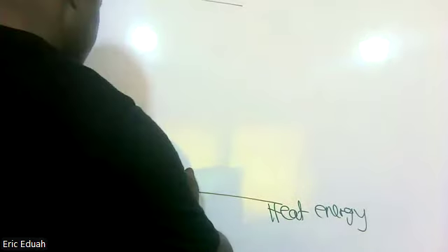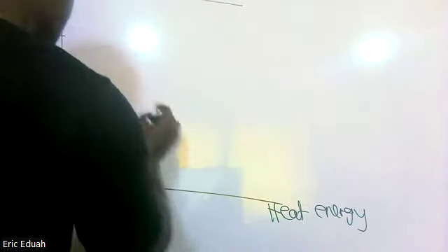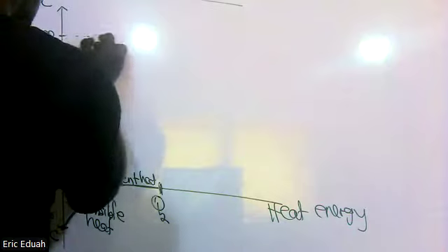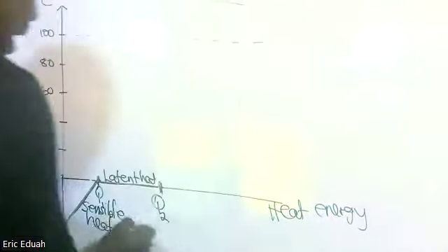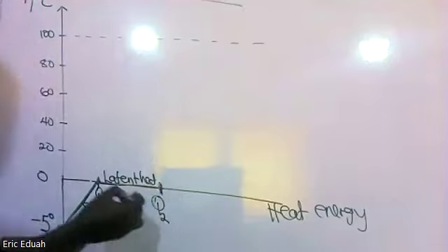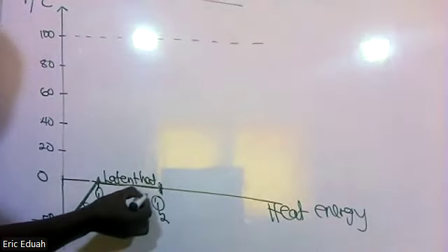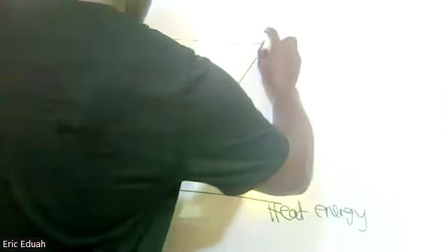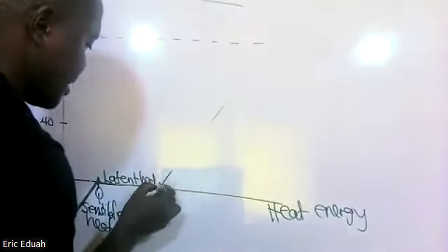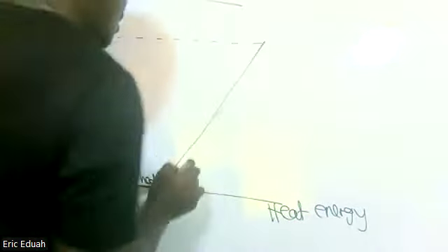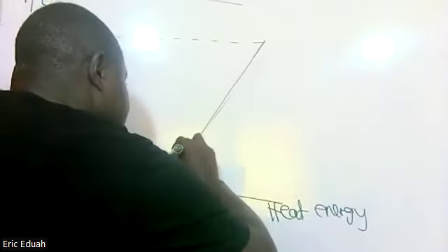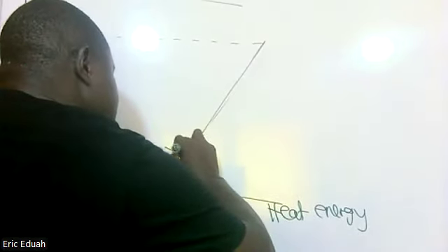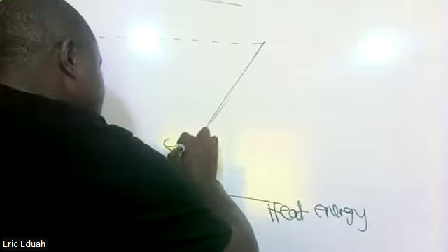So that quantity of heat energy that must be absorbed in order to raise its temperature, let me manage the graph. So still, this section also gives us sensible heat.